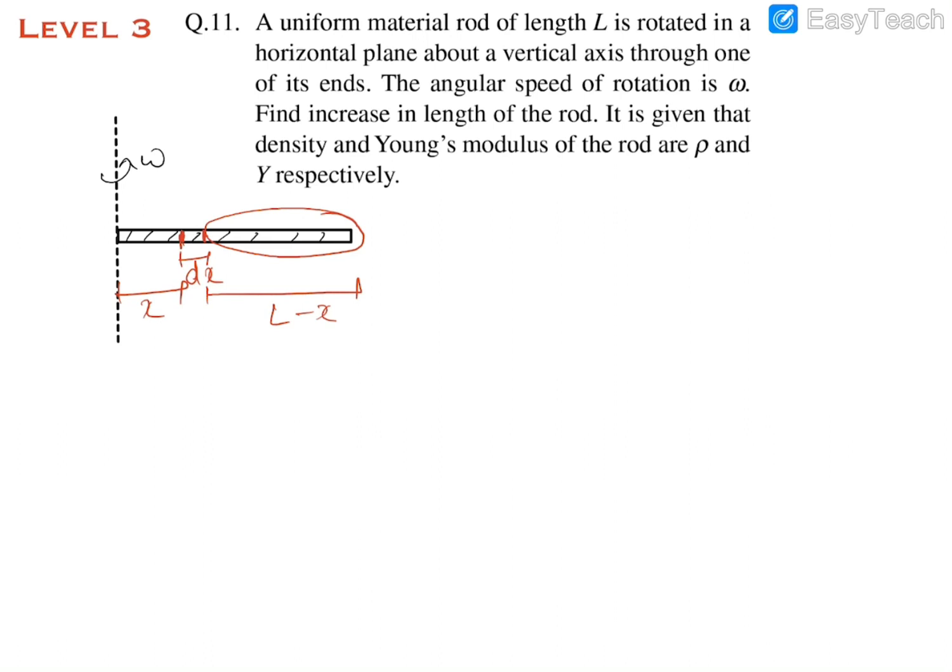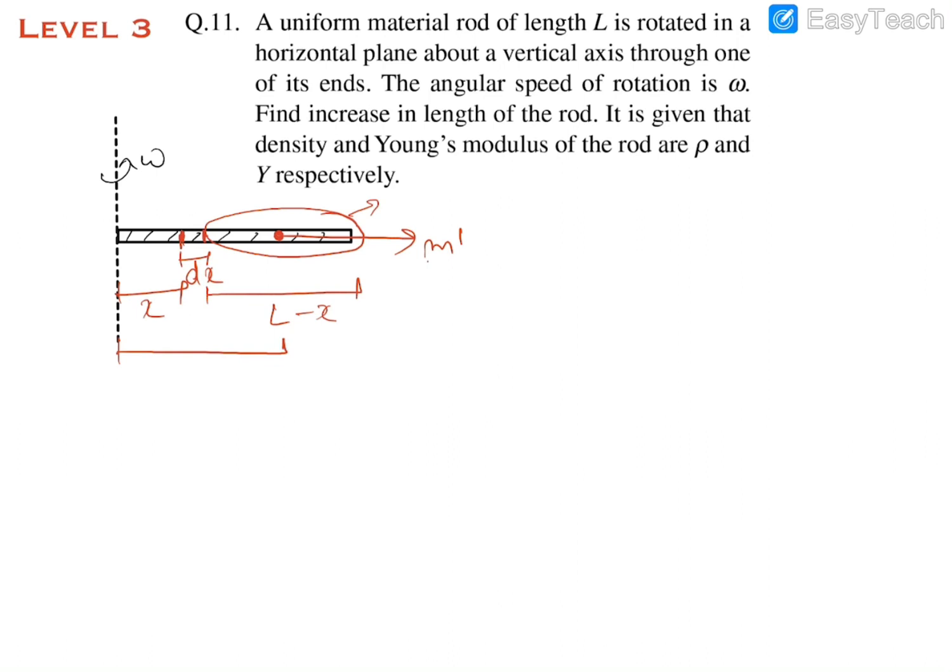And the centrifugal pulling force acting on this complete part will be concentrated at the center of mass. So we can assume that the centrifugal pulling force concentrated at this point will be m dash times the distance of this point from the axis of rotation.